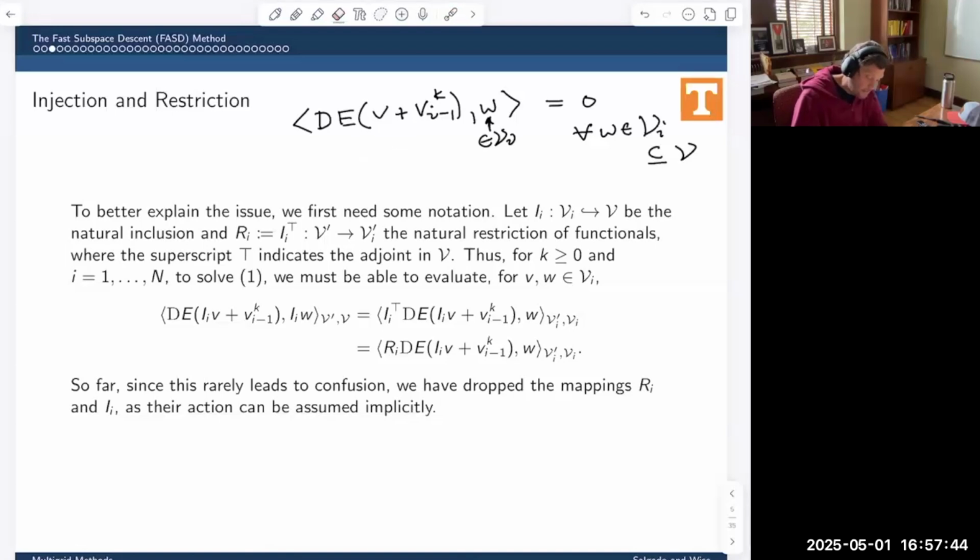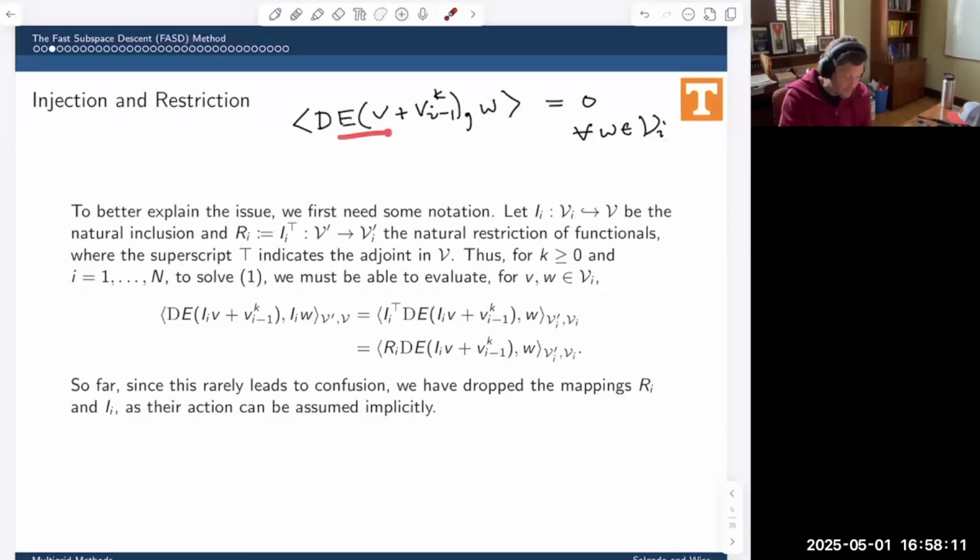Now, we are allowed to think about how this guy actually gets into V. And what about this guy here? Well, that is supposed to be an element also from VI.